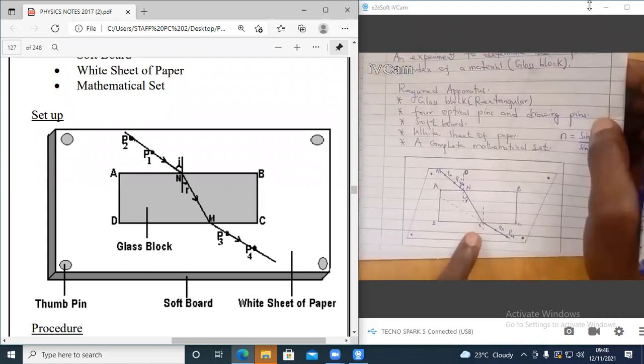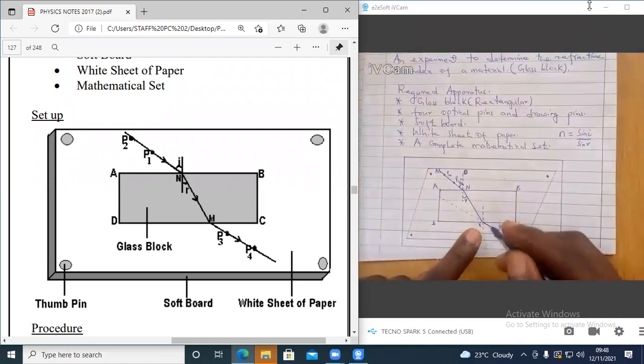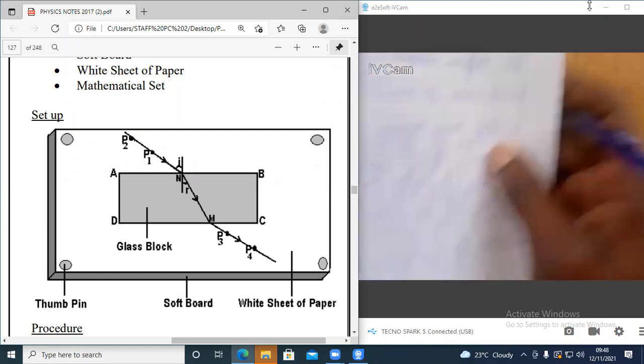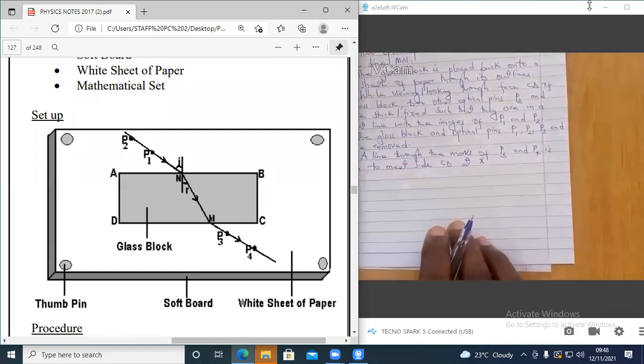At X. So we draw this line here to meet this line at X.